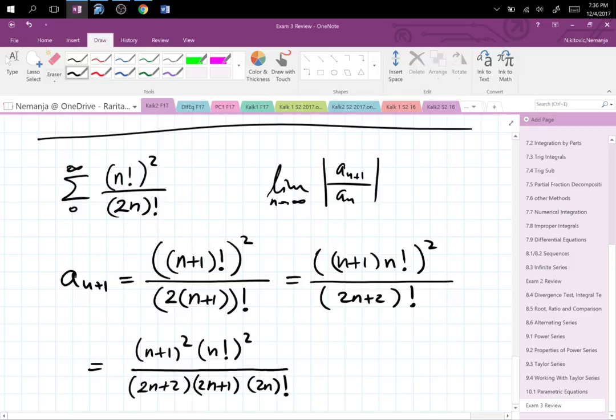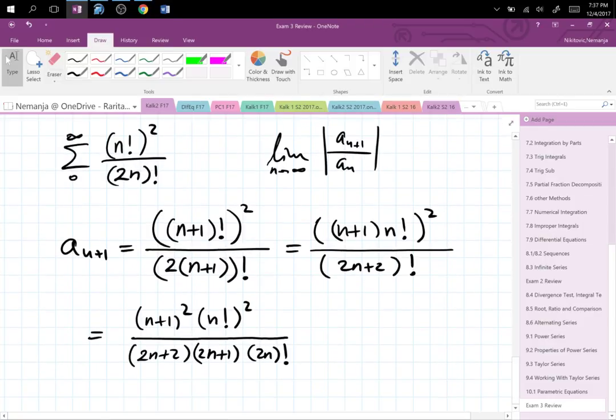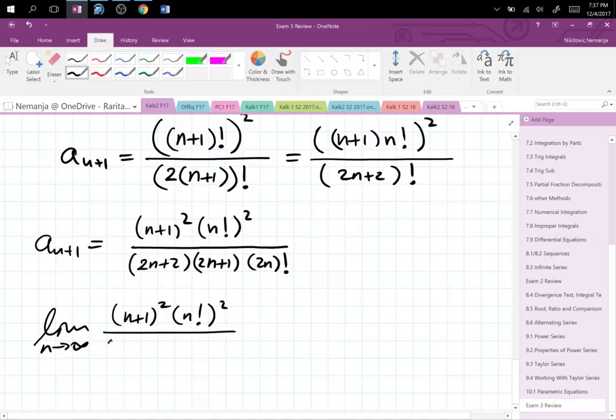And that's what was a mistake as you guys were practicing your homework. So now, this is my a_(n+1). Great. Where's my limit? N goes to infinity. I have my n plus 1 squared, n factorial squared, divided by 2n plus 2, 2n plus 1, 2n factorial.